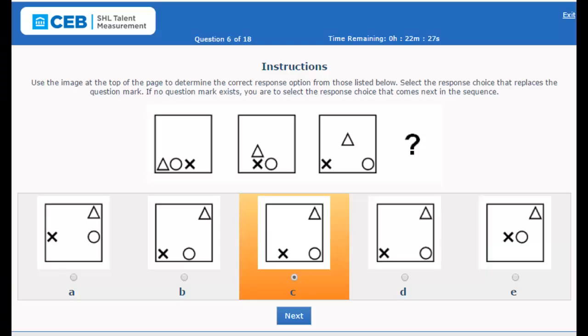Passing on to the next task, we have here a classical example in which, to find the solution, we need to dissect and analyze each particular shape independently in order to find a moving pattern. This is very common in all inductive reasoning tests.